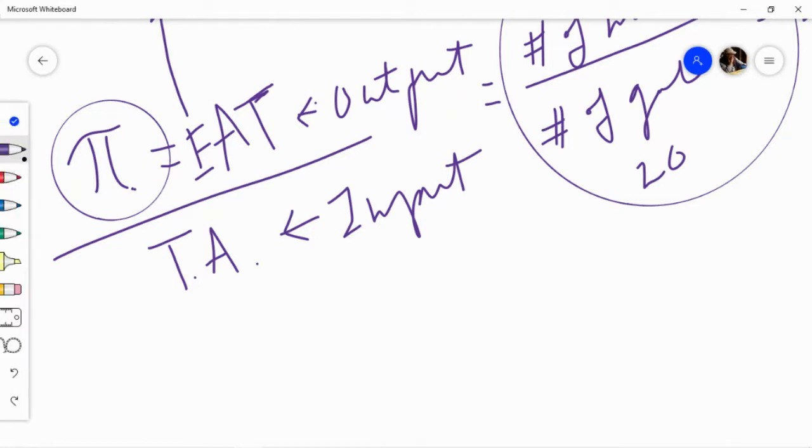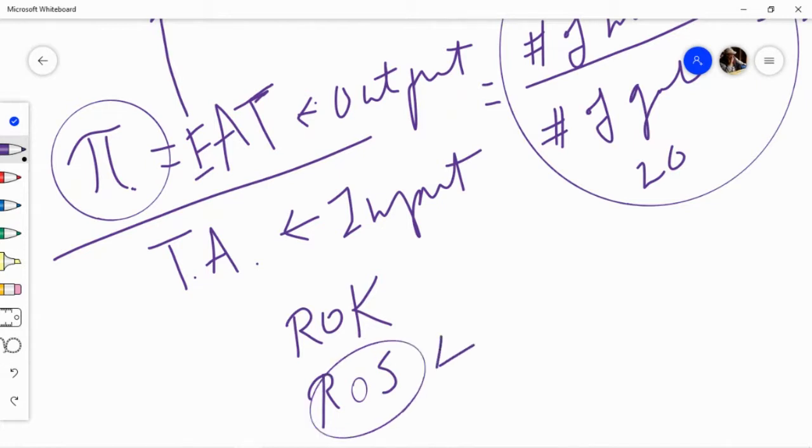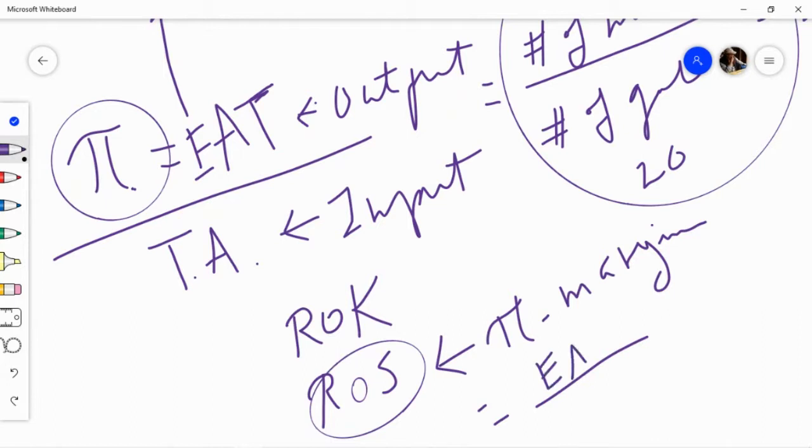For example, in the profitability category, there are return on capital, which is slightly like return on total assets, and return on sales. If you think about it, return on sales is profit margin, because it's net profit, EAT, over total revenue.